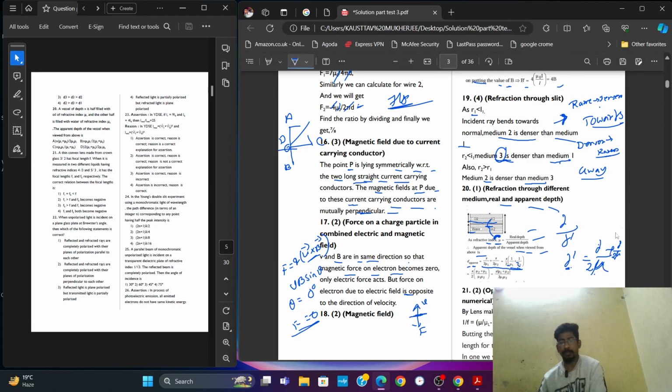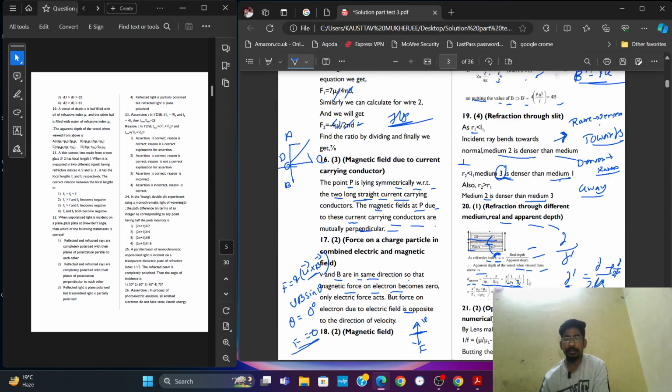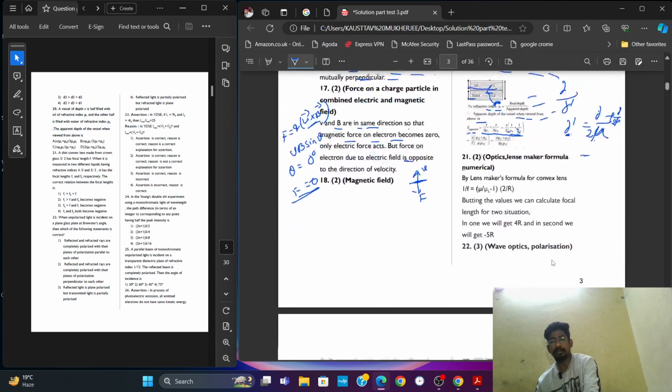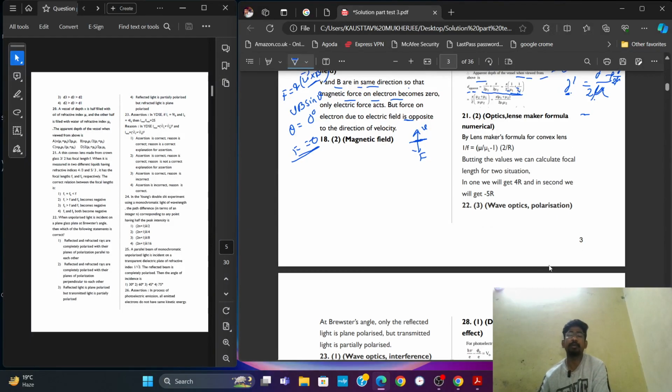As we all know, if a lens is dipped into a denser medium, the focal length f decreases. From the lens maker's formula for a convex lens, 1 by f equals (mu by mu l minus 1) times (1 by r1 minus 1 by r2).